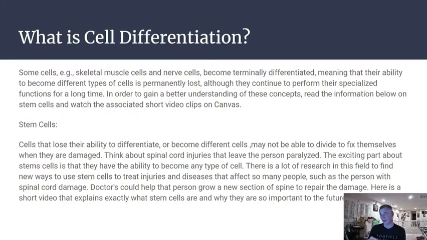If we can trick the stem cells into becoming new neurons and then somehow place them into that person, we could actually have them repair the damaged tissue. So doctors could help that person grow maybe a new section of their spine to repair the damage. And then there's a short video on Canvas that you need to look at that explains this, and it goes in line with one of the assignments that we're going to discuss next.